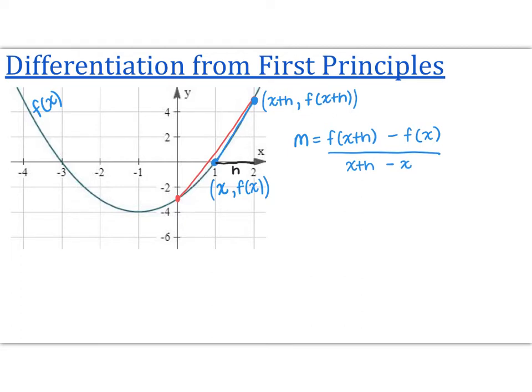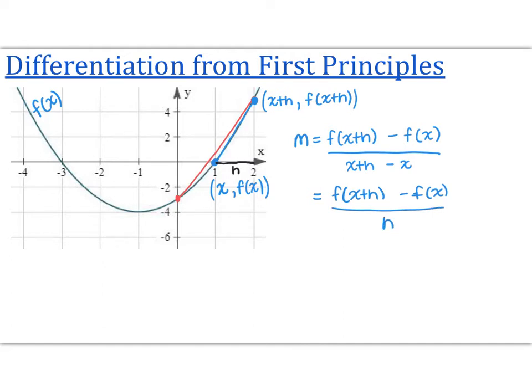I don't have to repeat that. If we simplify the bottom of the fraction, we end up with f of x plus h minus f of x, all divided by h. Now, that's the gradient of that blue line.